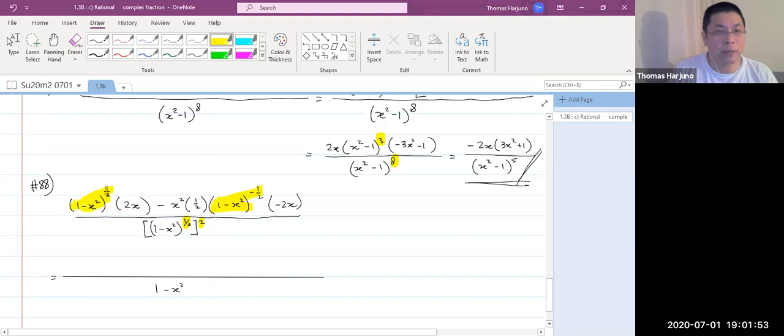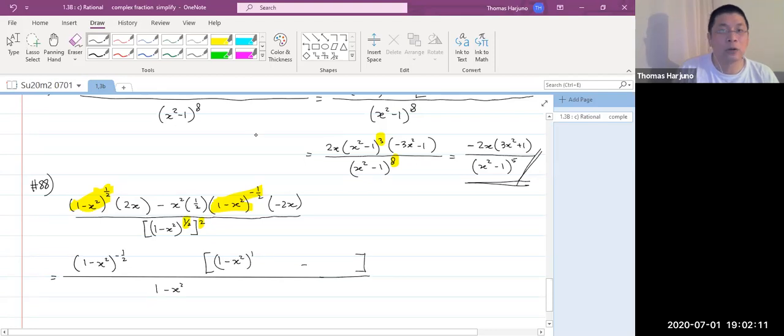Because they are the same base, I will choose the smaller exponent, which is 1 minus x squared to the power of negative 1/2. So I have 1 minus x squared to the power of 1 here, minus nothing. Okay, notice that this guy plus this guy gives me 1/2.